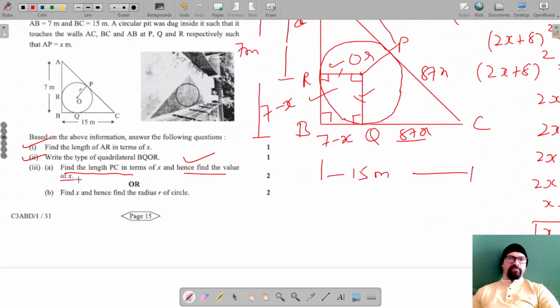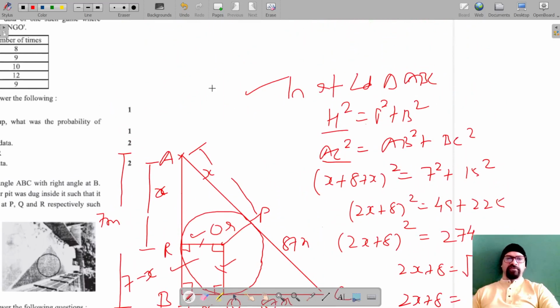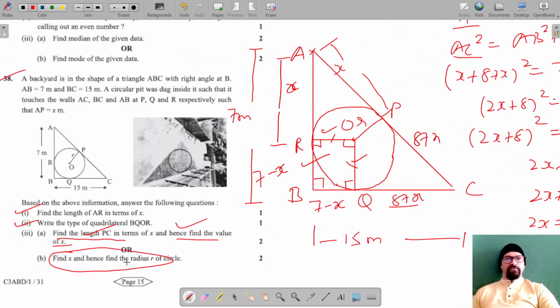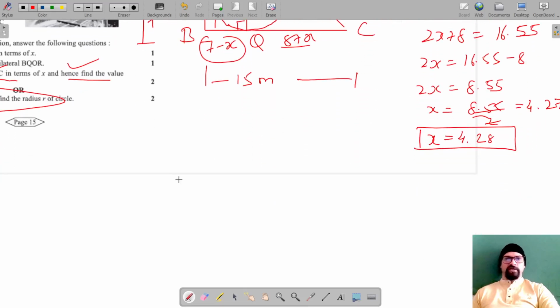So we have got the value of X and BC in terms of X, and then we have to find the radius of the circle. This is also for the OR part. Now we have to find the value of the radius. The radius is equal to 7 minus X, because BQ and the other sides of the square are the same.